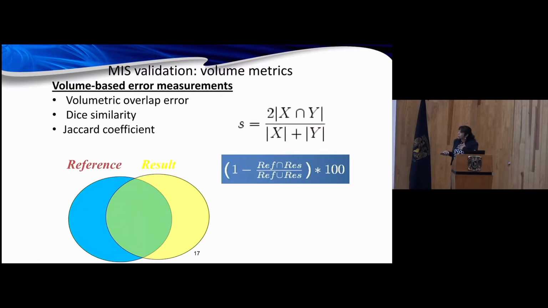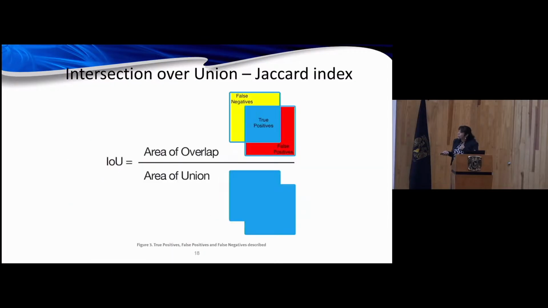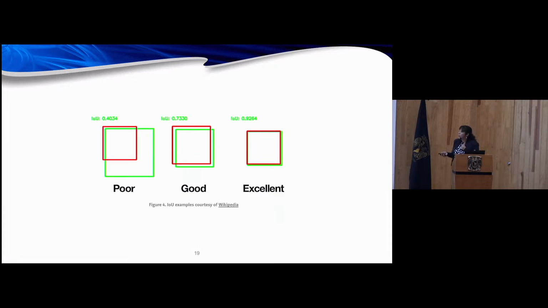And there are lots of them, you can find in the area. One of the ones that has been used a lot, but these are not the only ones. There are more, depending on the problem, is area of overlap over area of union. It's called intersection over union. But the idea is to get at least a good metric for that.